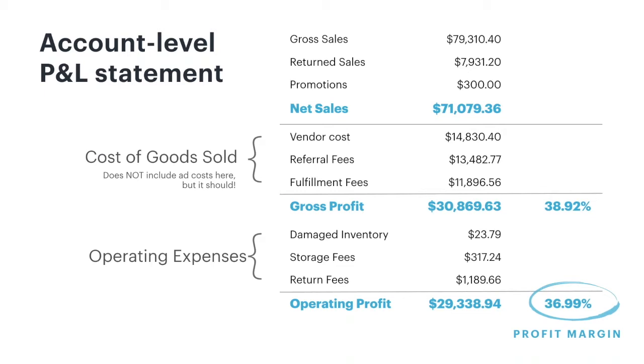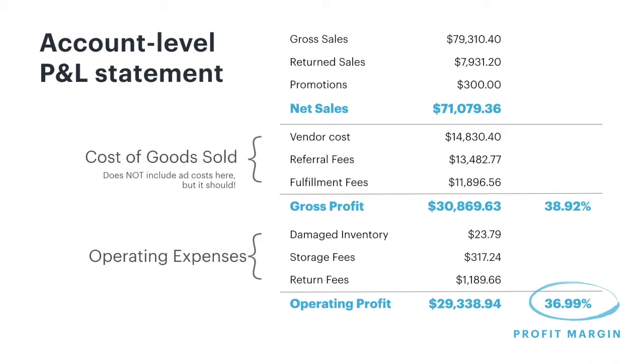Right. What you can see right under where it says cost of goods sold is where you would want to also incorporate those advertising costs, because that is a major point of spend for a lot of people who are running sponsored product ads in particular, and those do need to be taken into account as the price that you're also paying to get these goods sold.